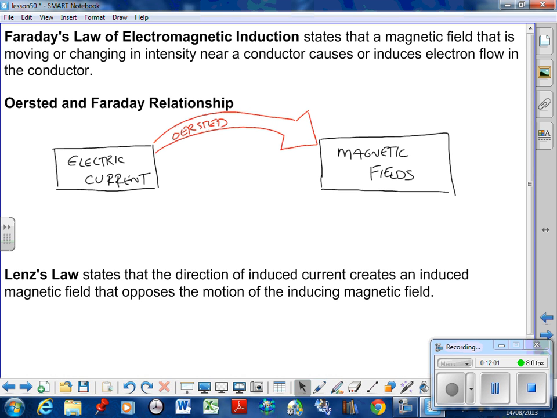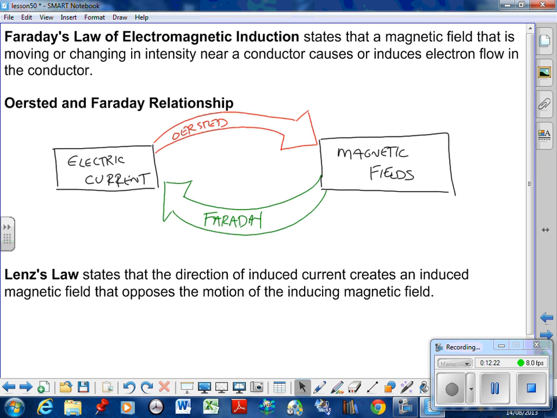So what did Faraday say then? Well, Faraday said, hey, if we take Ørsted's the other direction, if I have a magnetic field, I can create electric current. And that's basically the relationship. So he took it one step further.